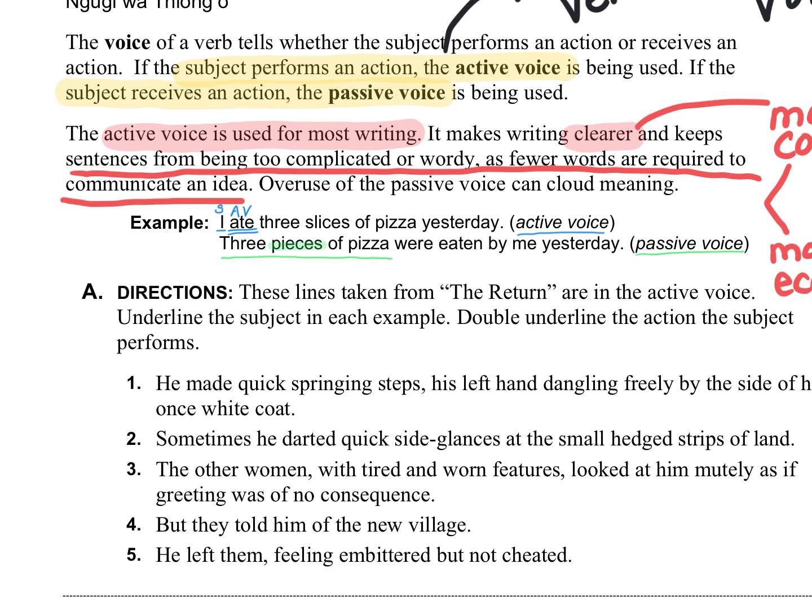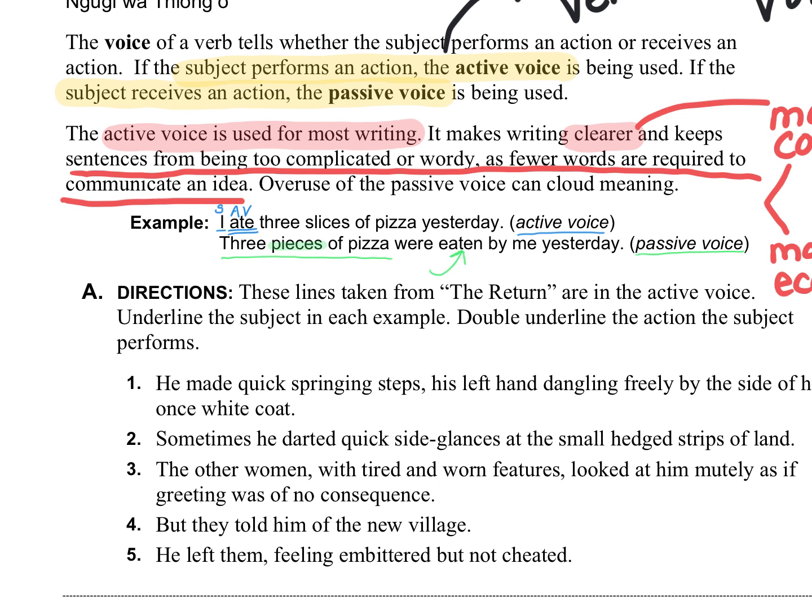Pieces, did they do something? Or are they later renamed or described, kind of, sort of? Okay, so in this case, pieces or pieces of pizza, if that helps you, are they doing anything? No. But they're later renamed or described as, guess what?